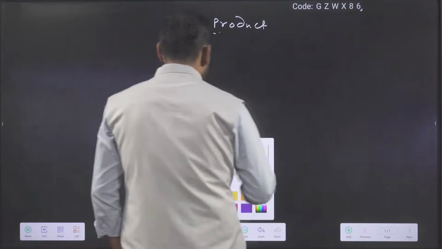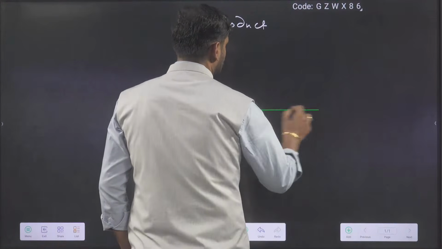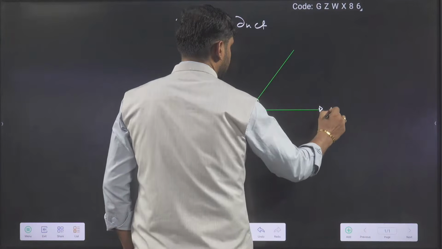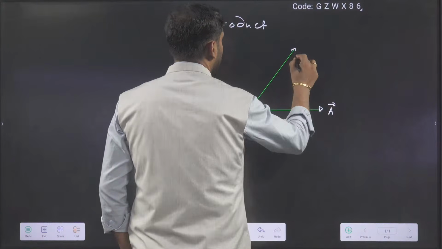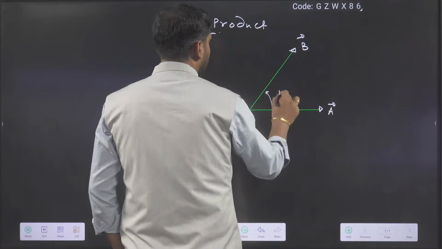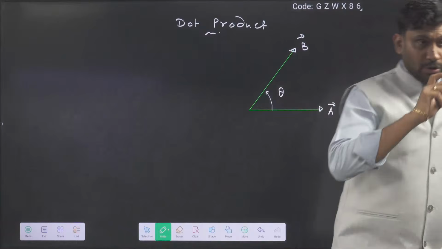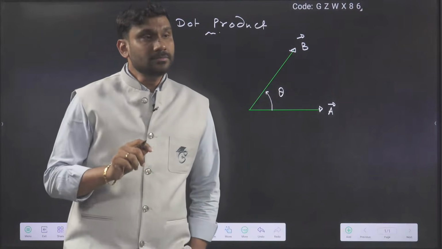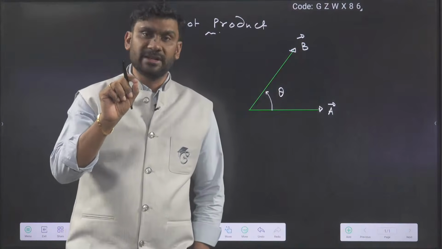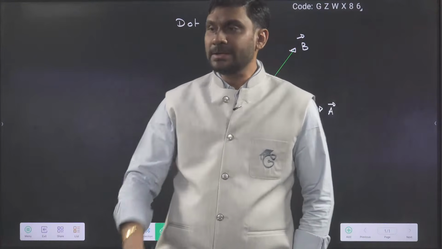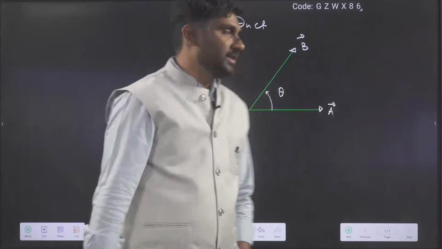Suppose there are two vectors. This is A vector and this one is the B vector. The angle between the vectors is taken to be theta. So the first concept we will learn today is how to take the angle between the vectors. Easy concept. I think most of you know it, but still I will revisit once again.